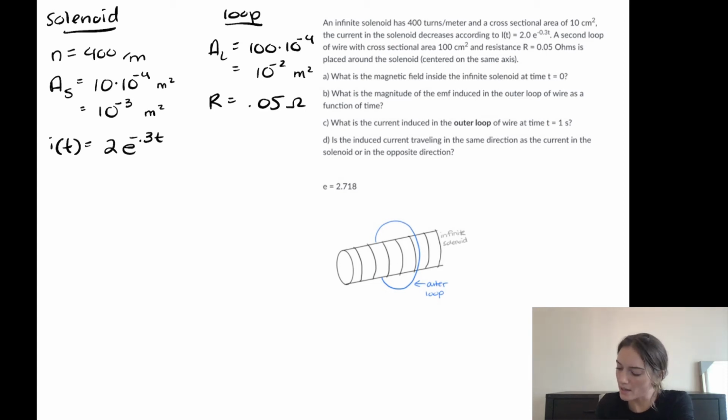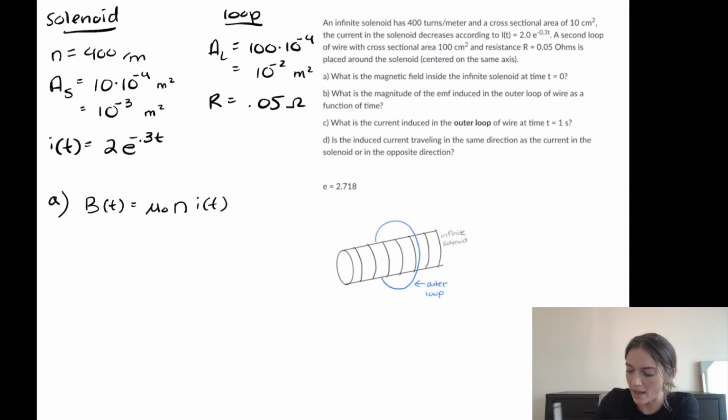Now for part A, we want to know what is the magnetic field inside the solenoid at time t equal to 0. For part A, we need the magnetic field of a solenoid, which we know is mu naught n I. In this case, our current is a function of time. So at t equal to 0, we just plug in: we have 2 e to the negative 3 times 0.